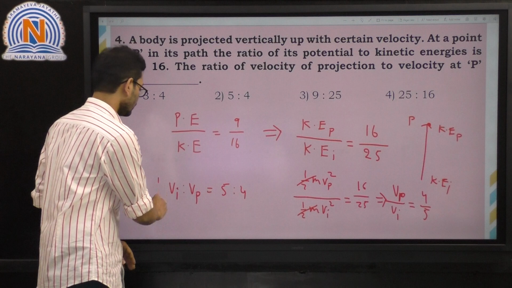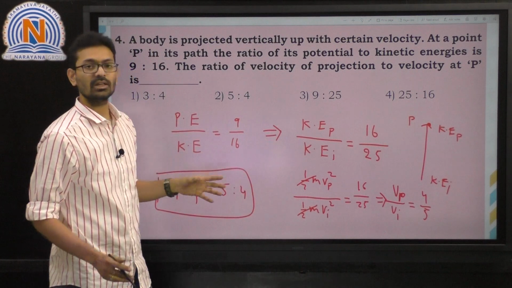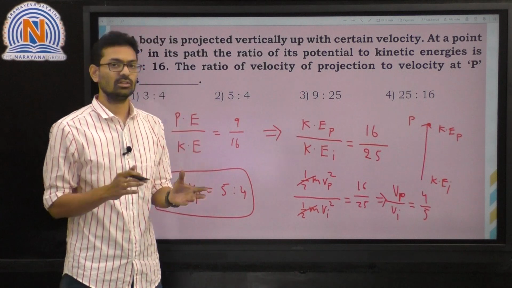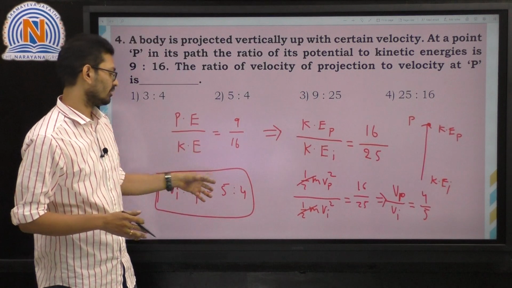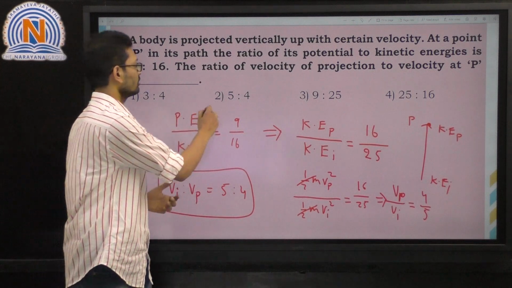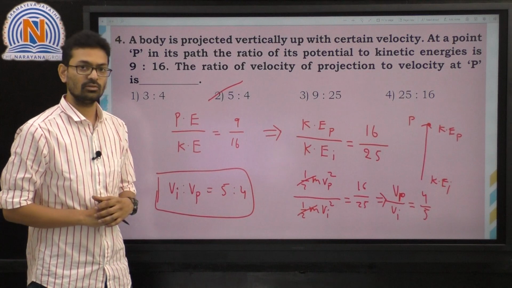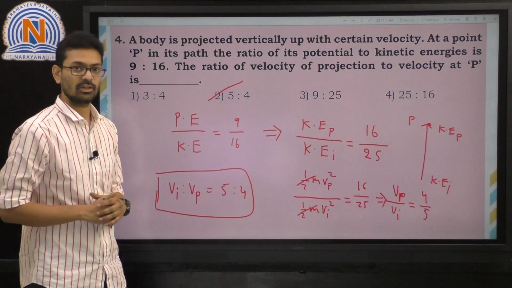So your ratio vi to vp, that means if you compare the velocities from the starting to the ending, you will be having 5:4. That means your option is the second option, which is 5:4. Hope this is helpful for you. Let us meet in the next assignment. Bye.